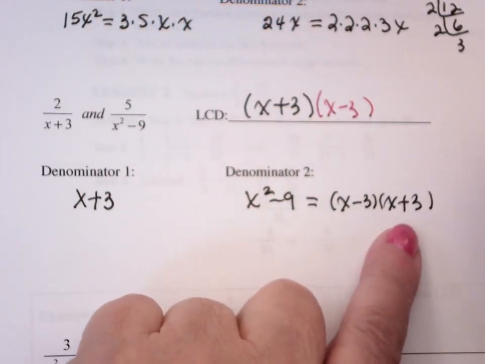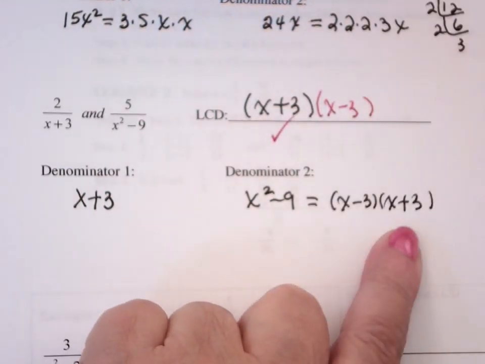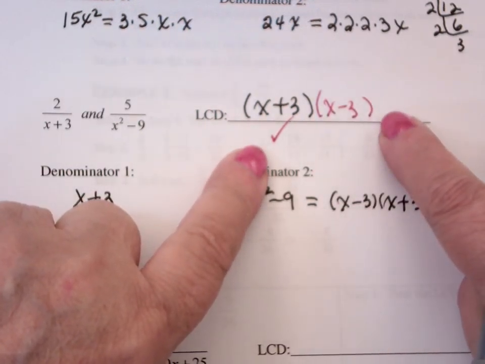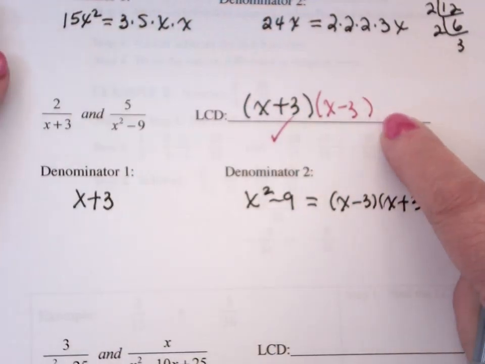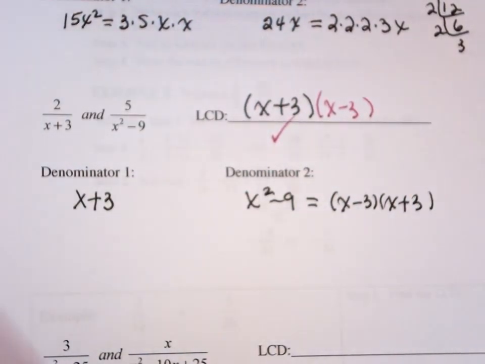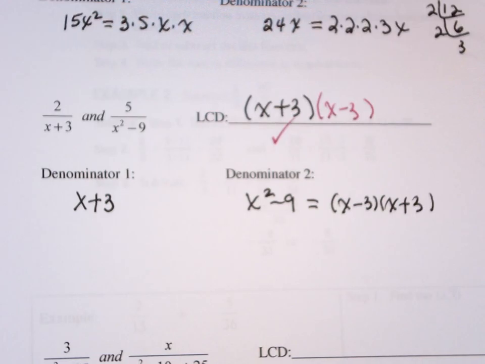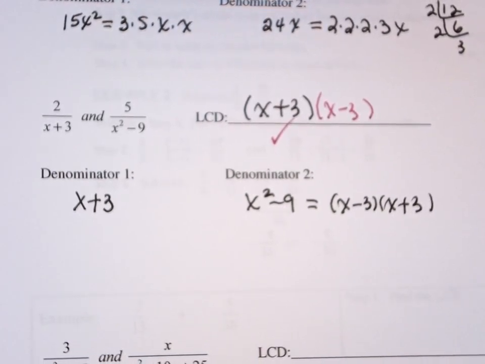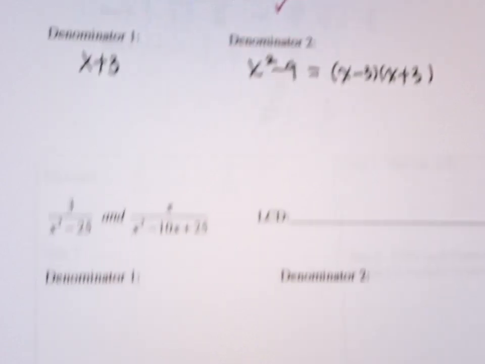And I must have an x plus 3, which I do have. So in black is dem 1, in red is dem 2, and that would be your LCD. And by the way, you don't multiply it out, you just quit while you're ahead. Lots of factoring.